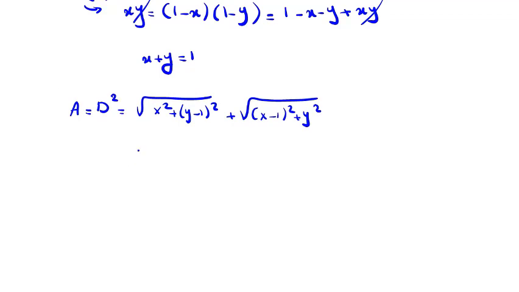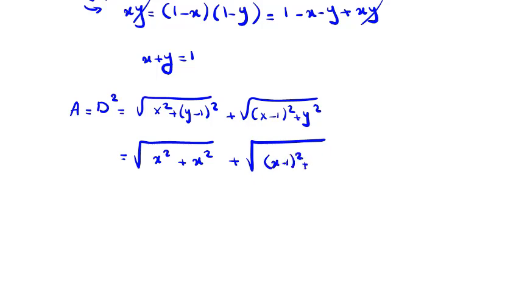So here, let's see. y minus 1 is negative x, so you can replace it with x squared, because here is x squared. And then you can say here, it is x minus 1 squared plus x minus 1 squared.